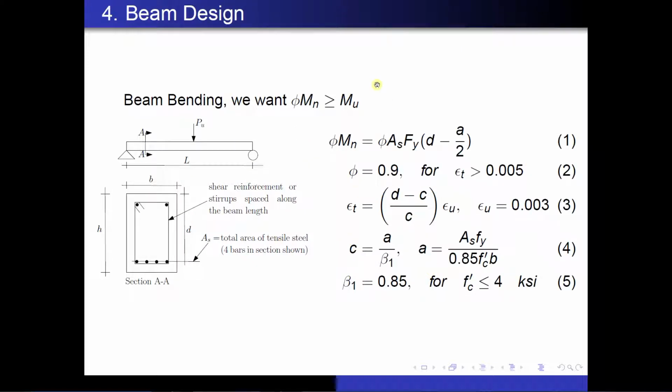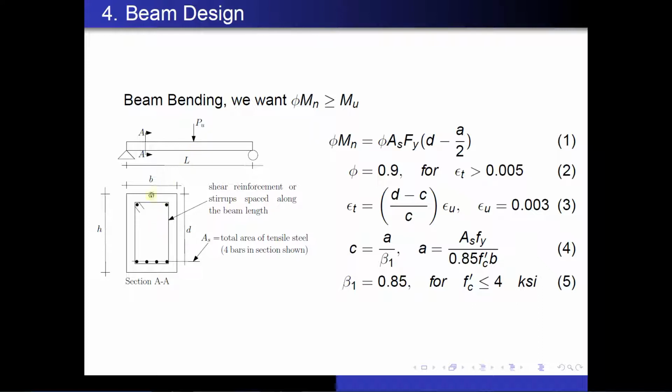Now, the next thing we'll look at here is a brief introduction to beam design. When we are considering beam bending, we want phi Mn to be greater than or equal to M sub U. And so, of course, a person is going to have to calculate this quantity, phi Mn, so that it can be compared to the factored moment, the worst factored moment in the beam.